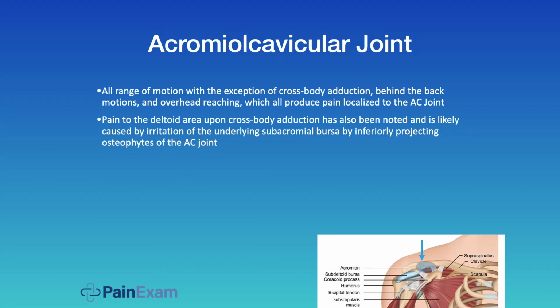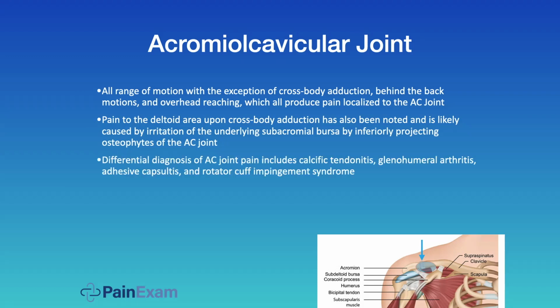There can be pain radiating to the deltoid area with cross-body adduction. It has been noted, but this is usually caused by irritation of the underlying subacromial bursa inferiorly, not from the AC joint directly. You have to differentiate acromioclavicular joint pain from calcific tendonitis, glenohumeral arthritis, adhesive capsulitis, and rotator cuff impingement. And there are a variety of maneuvers you could do to do this.